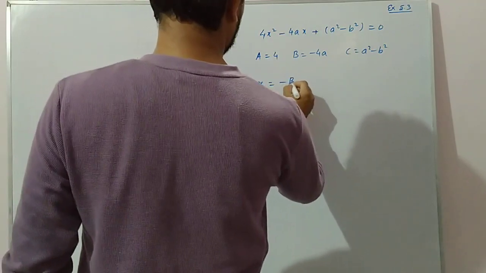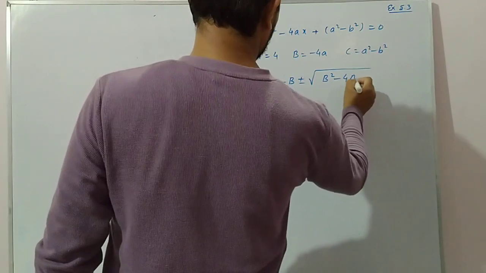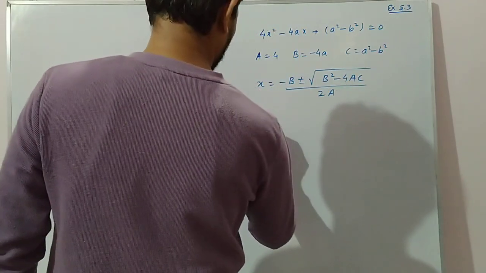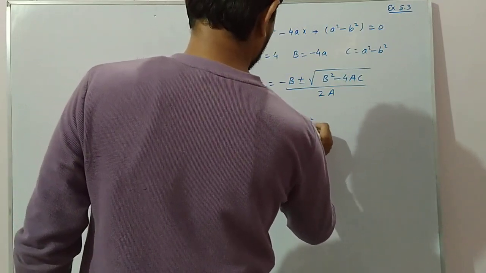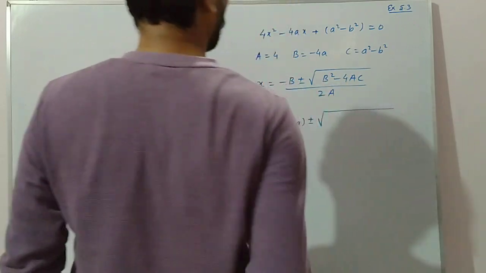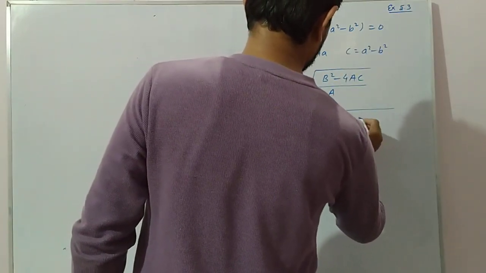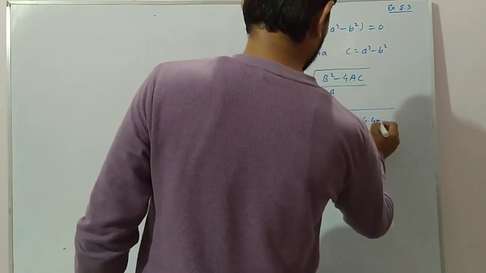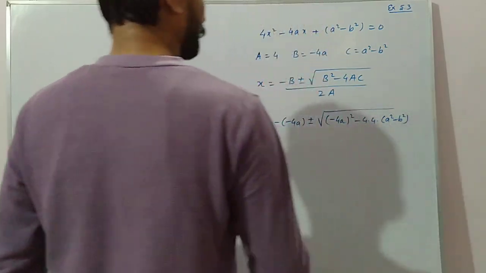X equal to minus b plus or minus root over b square minus 4ac by 2a. So x equal to minus b, that is minus 4a, plus or minus root over b square, minus 4a the whole square, minus 4, a that is 4, c that is a square minus b square.